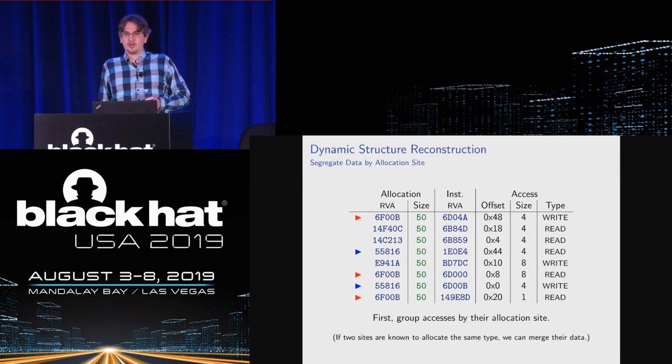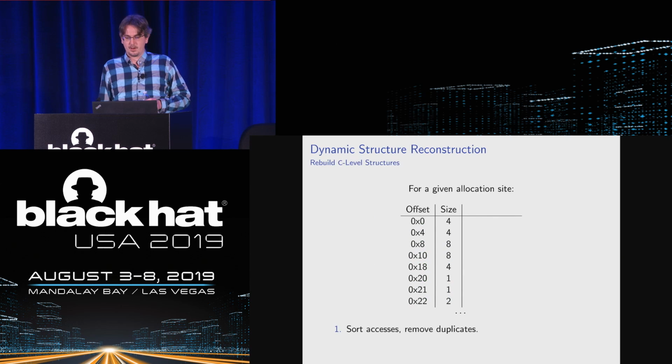And at this point, if we happen to know for some reason a priori that two sites allocate the same data type, we can at this point just merge their data together. And now we can take this information and rebuild structures from it.